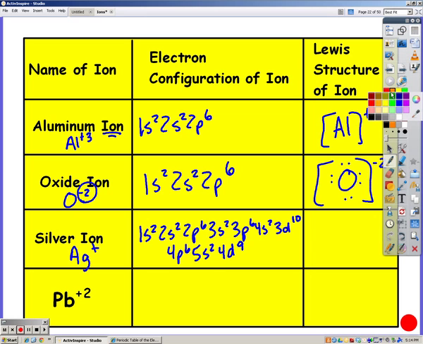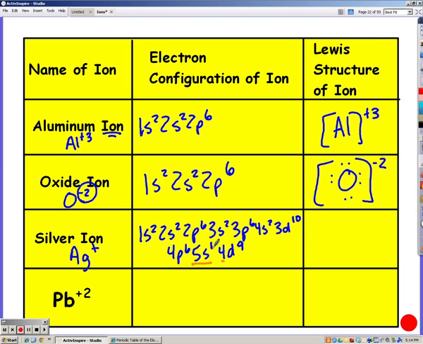Silver's a little tricky, as are all the transition metals, because notice that the highest number, which is its outer electrons, is in the 5s. That's why all the transition metals always have 2 valence electrons, because you fill the s and then you go to the d's, which are in a lower energy level. So it's got to lose it from the outer ring, which is the 5th one, and so that turns into 5s1.